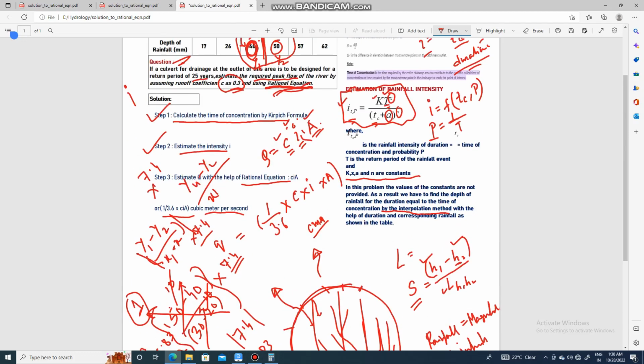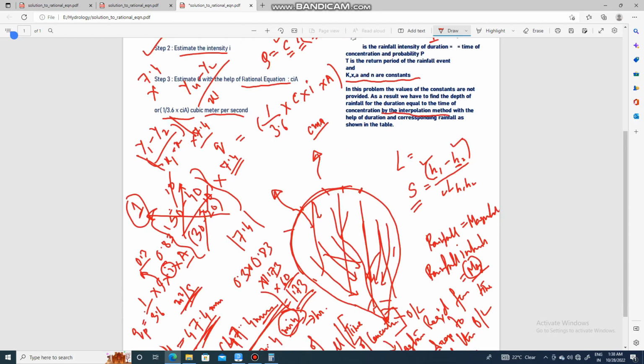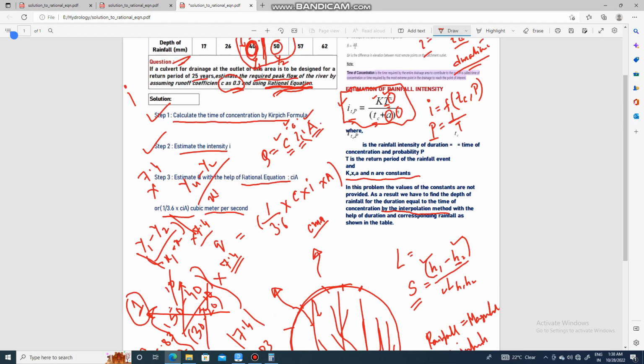So you have C, you have A, and you have found I. That gives you the Q. And if you also divide this CIA by 3.6, then you will get Q in the unit of cubic meter per second. Okay.